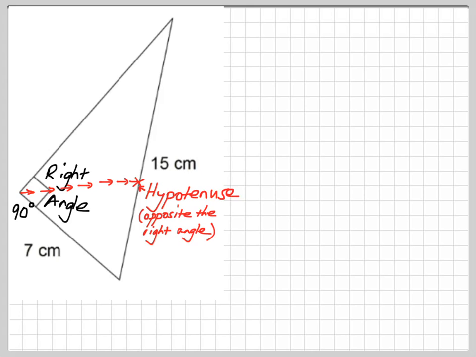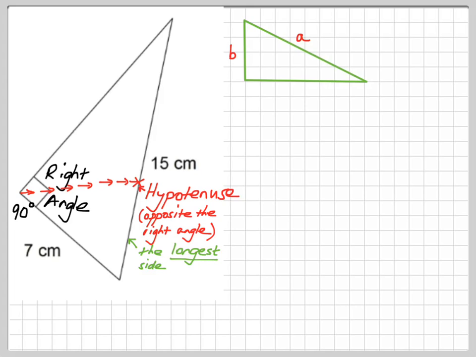Just imagine yourself kicking a football out from where the right angle is, basically bisecting that angle, and you would hit the hypotenuse. Do you get that? Good. And it is always the longest side of the triangle.